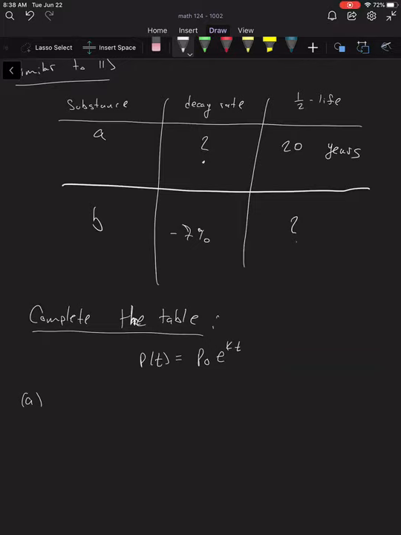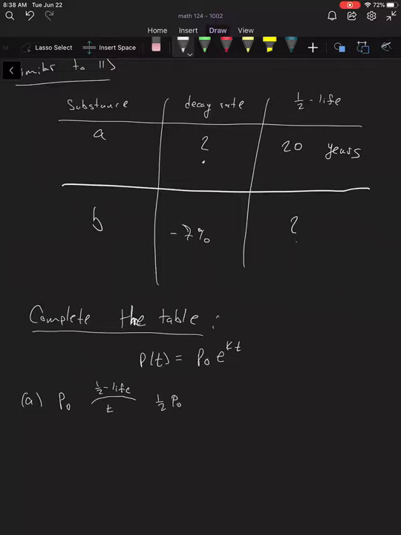Half-life just means the amount of time it takes for your initial substance to be cut in half. So if we have P naught as our initial substance, after the half-life, we're only going to have half of our initial substance left over.